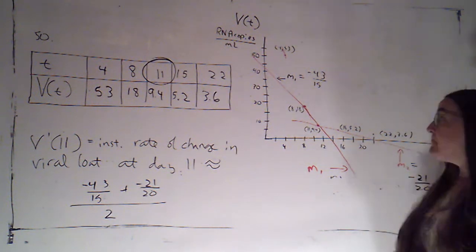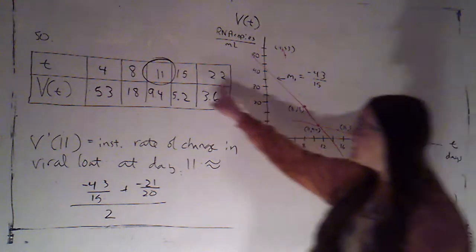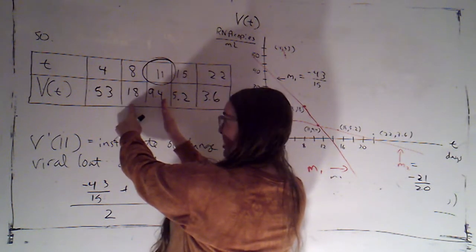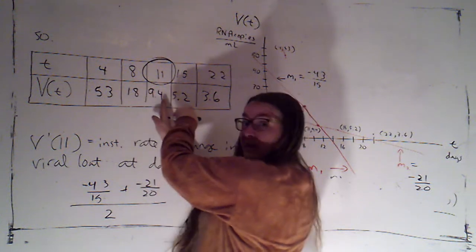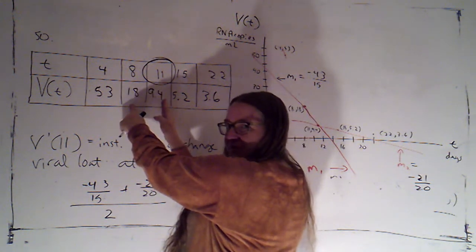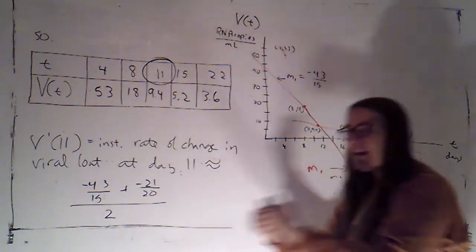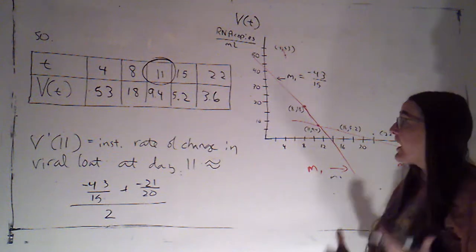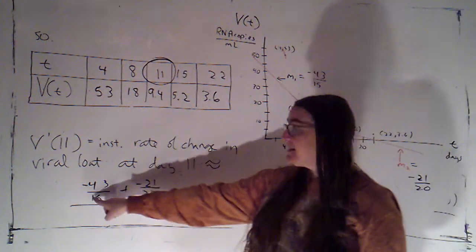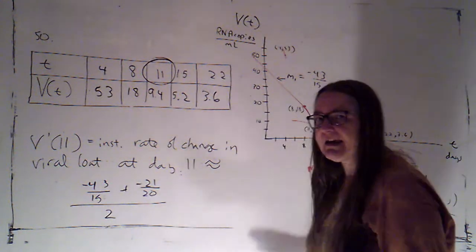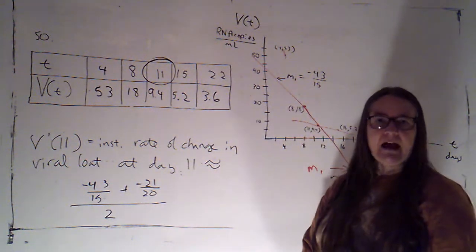Now, one thing that I might choose to do, because this was a lousy data set and the point to the left was only 3 days away, but the point to the right was 4 days away, this point was closer. So I might, if I really wanted to, calculate a weighted average where I gave more weight to this slope. I'm not actually going to do that. I'm just going to take the plain old regular average here.